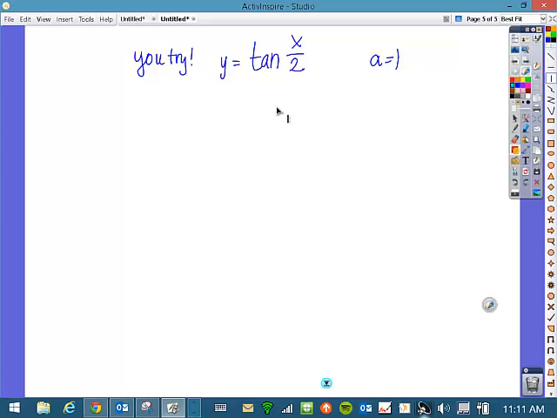Try this one on your own. Pause your video and try y equals tangent of x over 2. Pause your video. You try this one. Copy down on notebook paper. Attempt this on your own. Alright, amplitude is 1. You didn't shift it up or down at all.